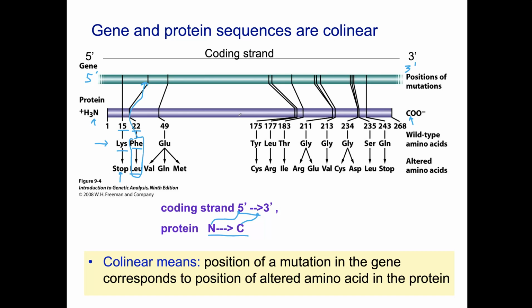But this was an important observation because it showed that the linear arrangement of the nucleotides was dictating the linear arrangement of the amino acids. So it was important work to understand at the beginning of trying to sort out how genes actually function.